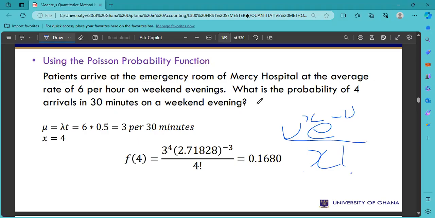So basically, mu raised to the power x will be multiplying e raised to the power negative mu, all over x factorial. The same thing is what they place in here. And then things are going well here.